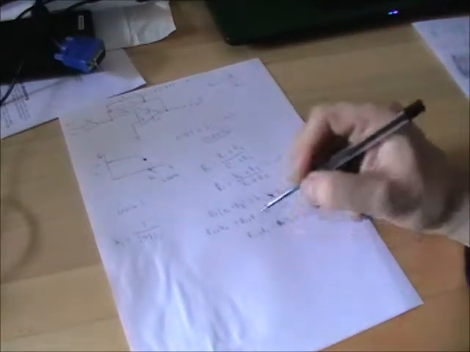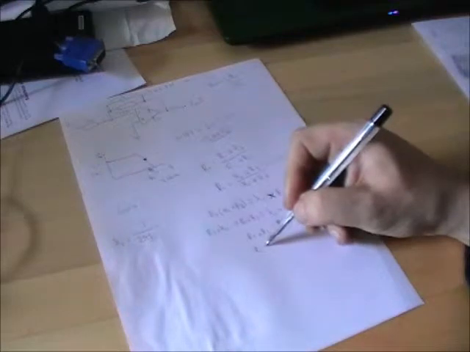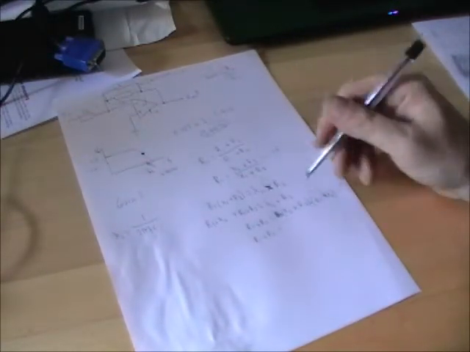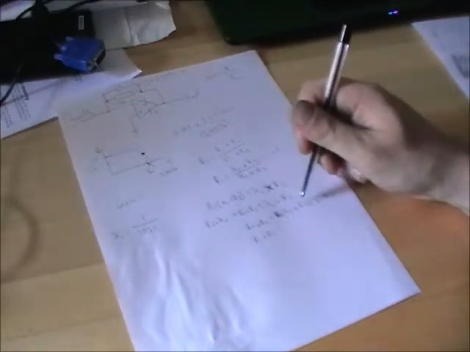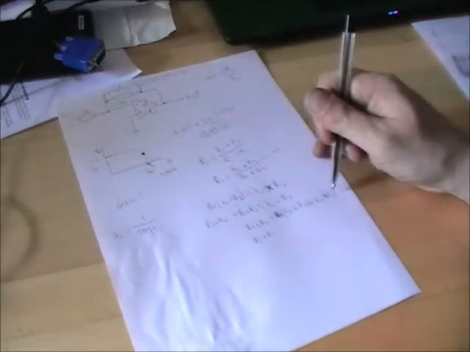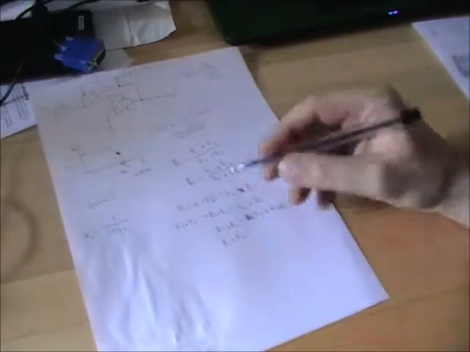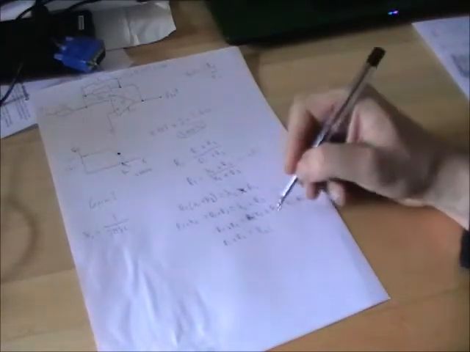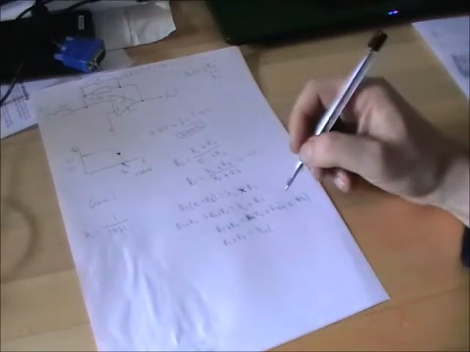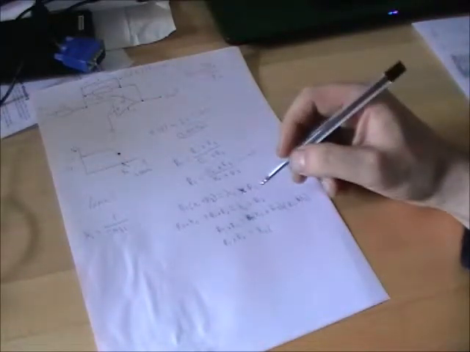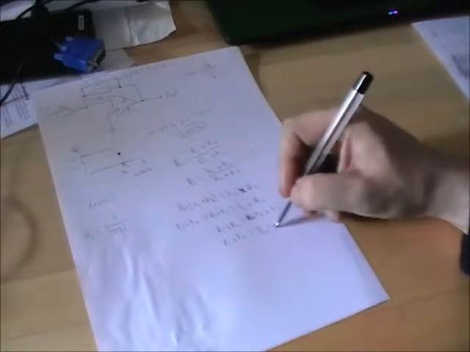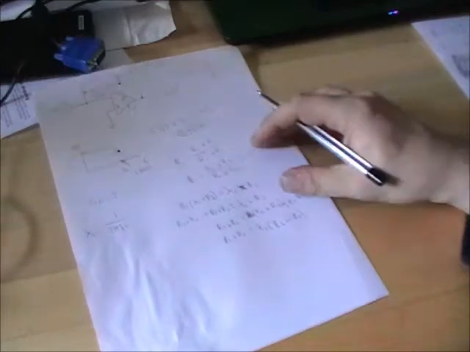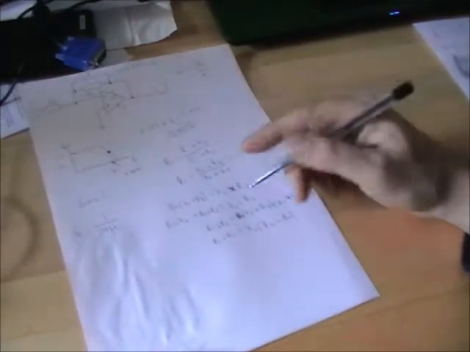So let's go one expression further. So I've got RT, still the same thing, times R2. And then again, this expression is XC times R2 minus RT times XC. So I'm going to factorize it, and I end up with XC times R2 minus RT. So okay, that's factorized now.